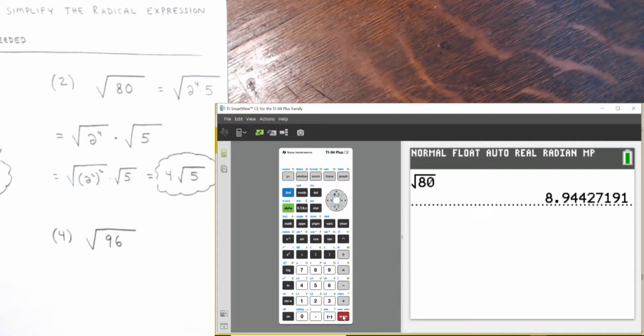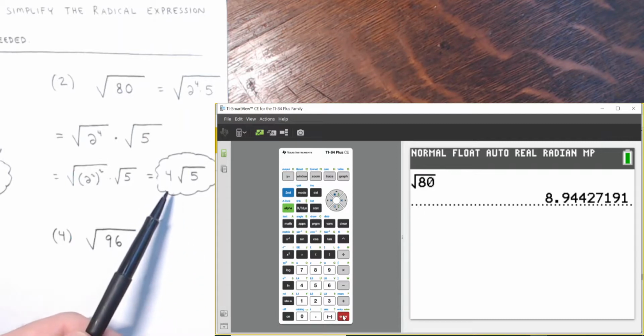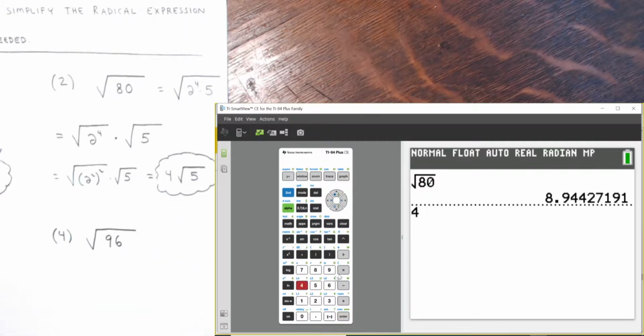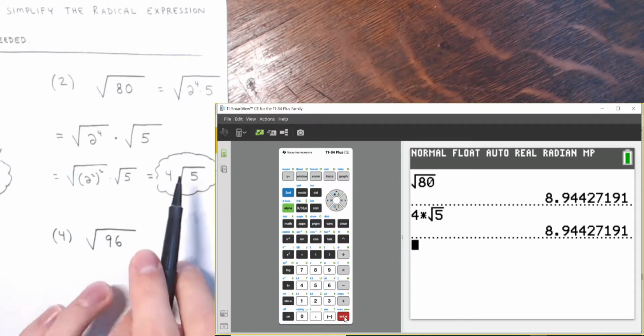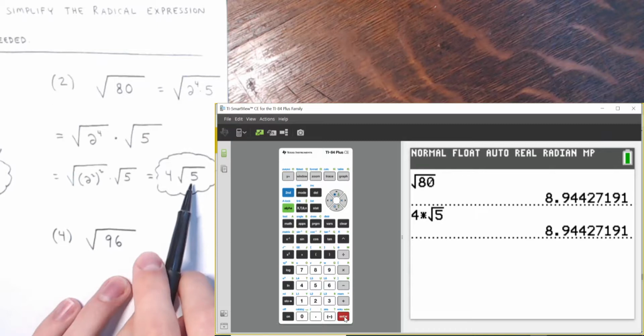And the final expression we got was 4 times the square root of 5. So let's check that. 4 times the square root of 5, and indeed it is the same number. And it's also considered simplified because 5 doesn't have any perfect squares that are factors of it, other than 1.